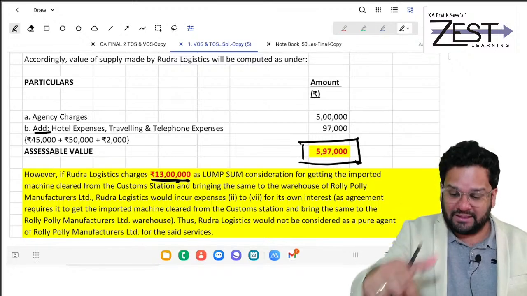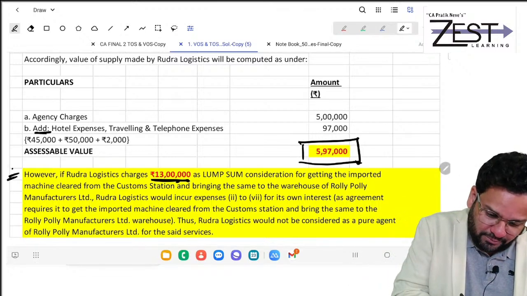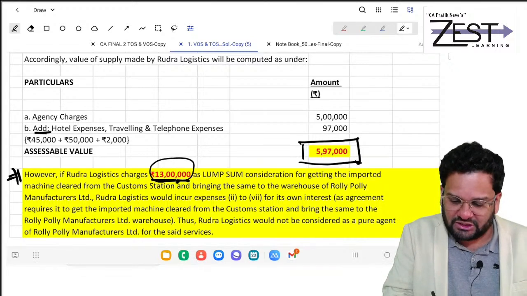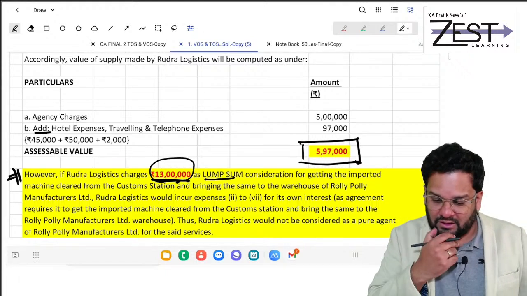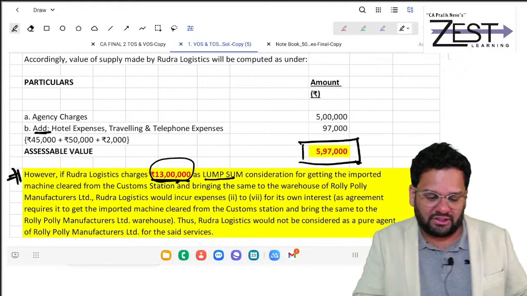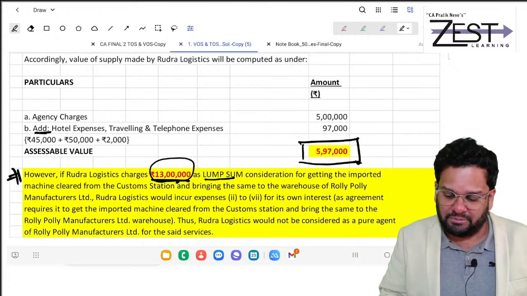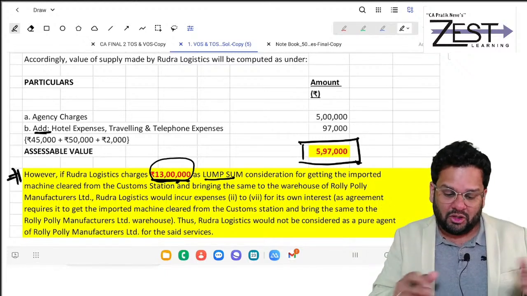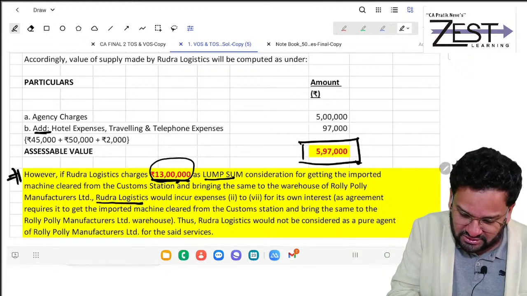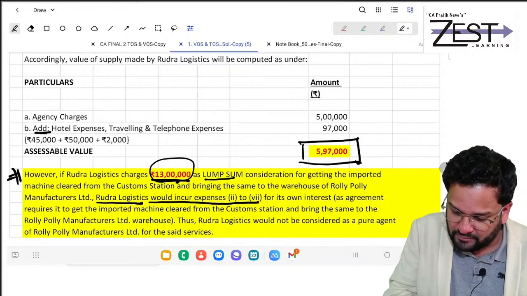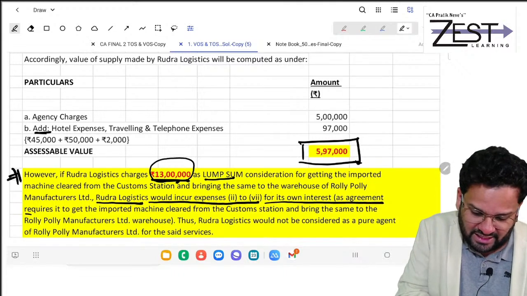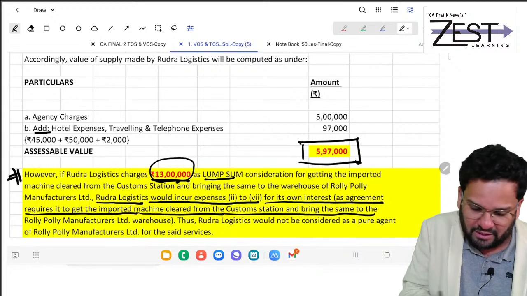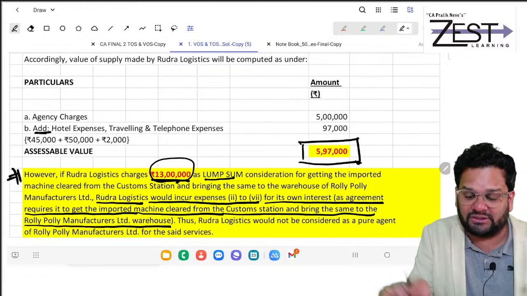Yes, and finally, the answer for the sub-question: if Rudra Logistics had charged 13 lakh as lump sum consideration for getting the imported machine cleared from the custom station and bringing the same to the warehouse of Rolly Poly Manufacturers Limited, then in that case Rudra Logistics would incur expenses 2 to 7 for its own interest, as the agreement requires it to get the imported machine cleared from the custom station and bring the same to the Rolly Poly Manufacturers Limited warehouse.